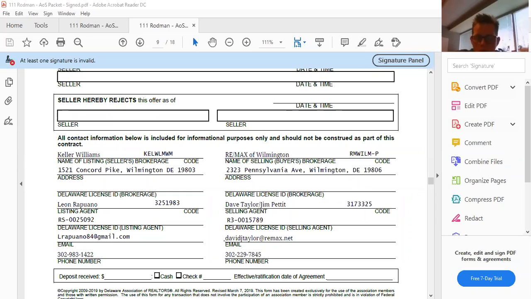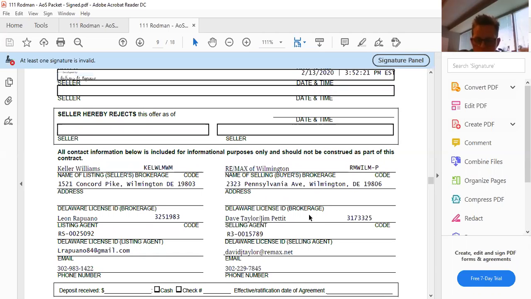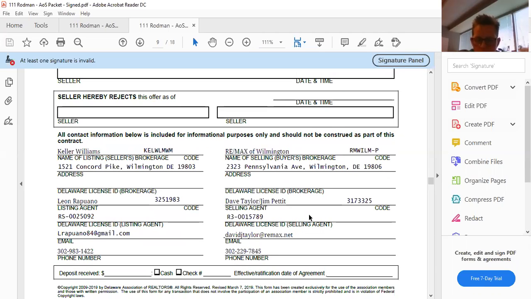Okay. So I know we kind of zipped through that last one pretty quick. I just wanted to show you guys the changes that I made with the other agent to kind of tidy up that contract some. It was a good one. I don't think I have one quite that good, because it would have never come across my desk, to be honest with you. Like I said, I had an overall very good transaction with Dave.